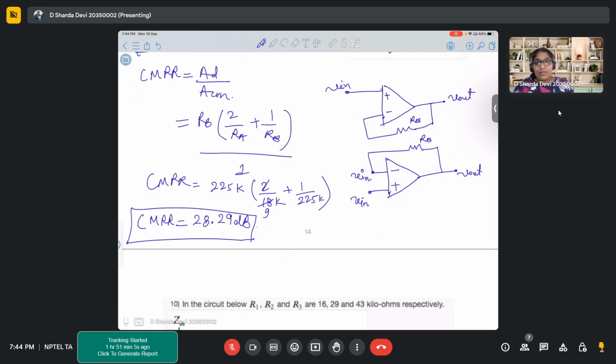Ma'am, here the op-amps are becoming independent and they both are identical. So suppose if the resistor value is different, like here both RB are present, then in that case, what we will do? So if let's say instead of RB, it was RB1 and RB3.